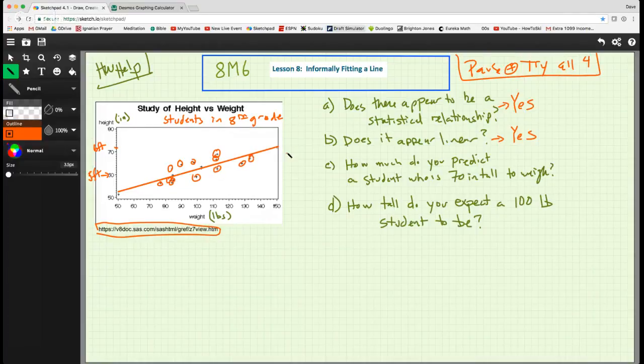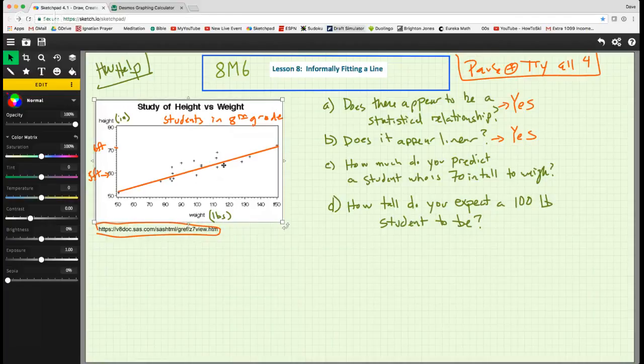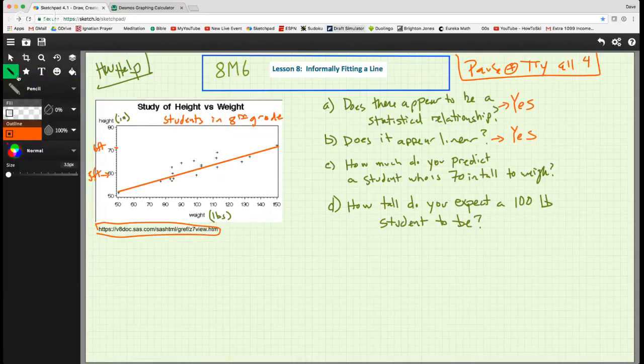Nope. So this is not really a good fit. We got to go a little bit lower with our line. So let's grab that line and go a little bit lower. Like that. 1, 2, 3, 4, 5, 6, 7, 8 above. 1, 2, 3, 4, 5, 6, 7, 8. Yeah, this looks like a better fit for the line.